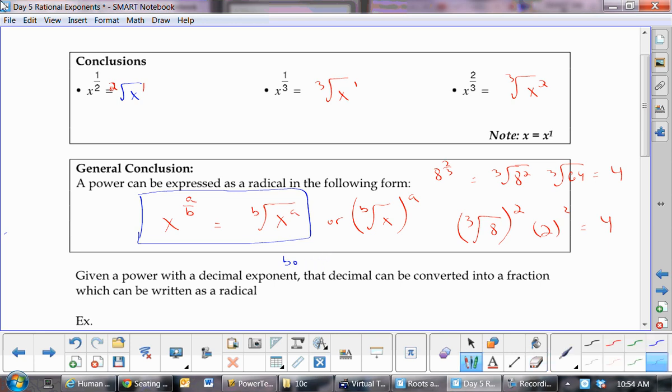B-O-T-I? Bow tie? Bottom outside, top inside? That's pretty nice. Where'd you get that little one from? Oh, so yeah, you took it from that related to. That's good. Bow tie. I like it. Okay. Bottom and the outside, top and the inside. That's pretty sweet. I think you just upped our class average by 10%, just that one.